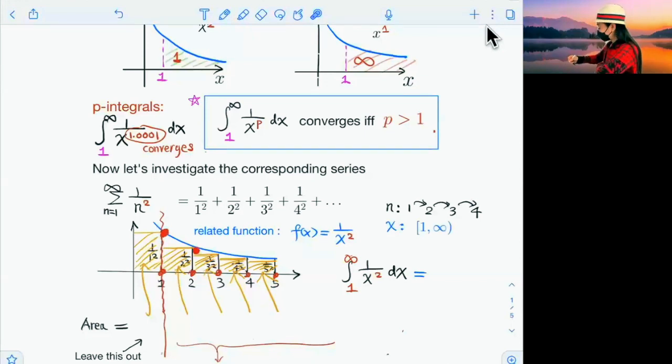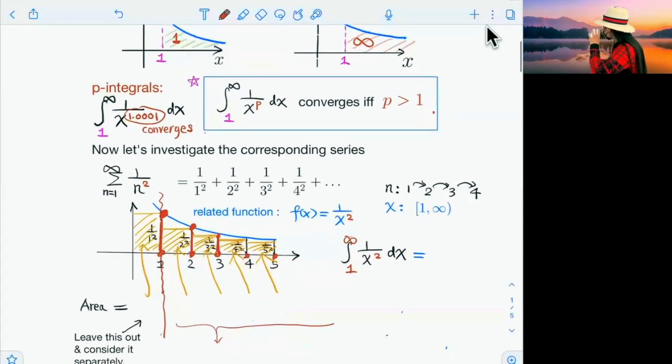And then the function value when x equals 2 is going to be 1 over 2 squared, etc. You get the idea. Now we're going to construct rectangles using this as the height and this as the width, so that goes all the rectangles over here and here.